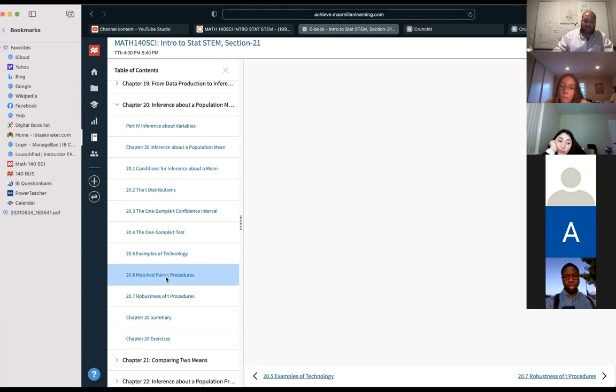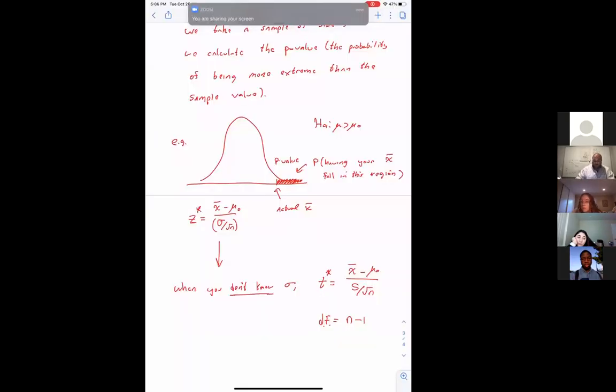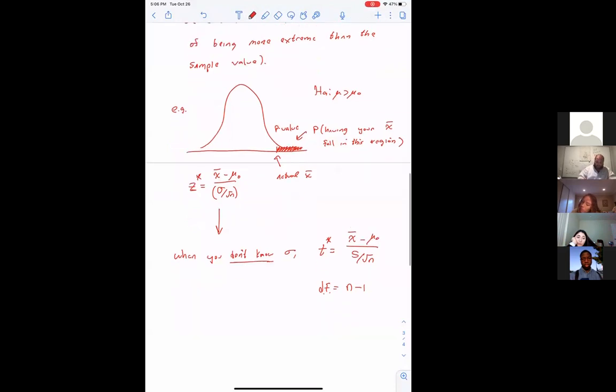Meanwhile, section 20.6, the matched pairs T procedure. So far we've done two confidence interval situations, one where you know sigma, one where you don't, and two hypothesis test situations, one where you know sigma, one where you don't.